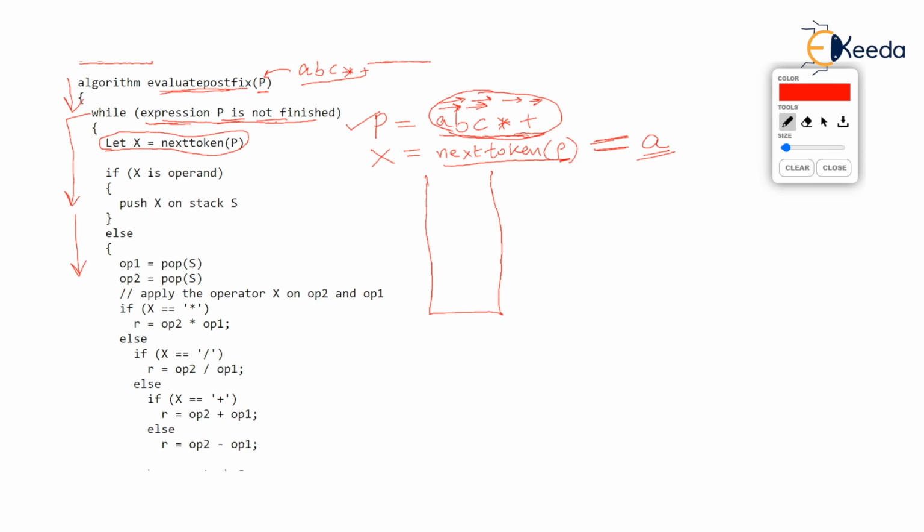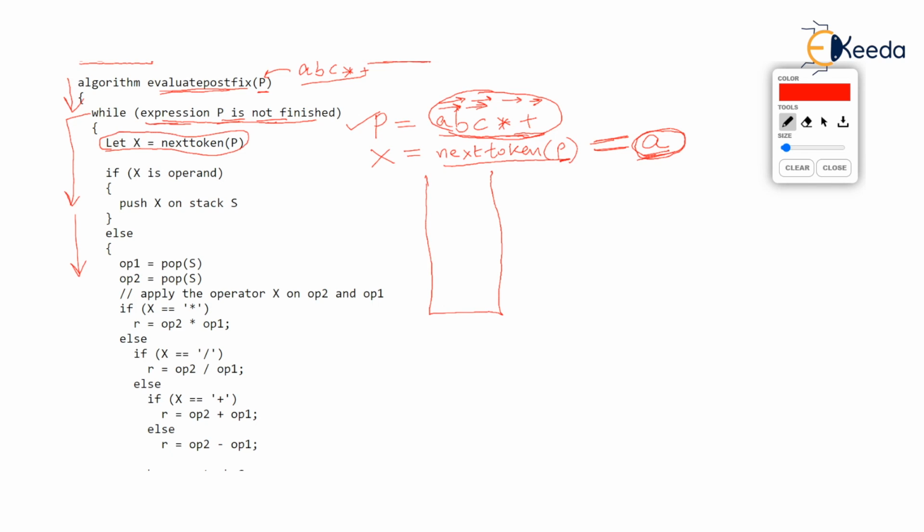Now there are only two possibilities. Everybody knows this. The token that we have got in x can be either an operand or an operator. Postfix expression P will have either an operand or an operator. It does not have brackets. I hope you have come from the first video and have watched it.